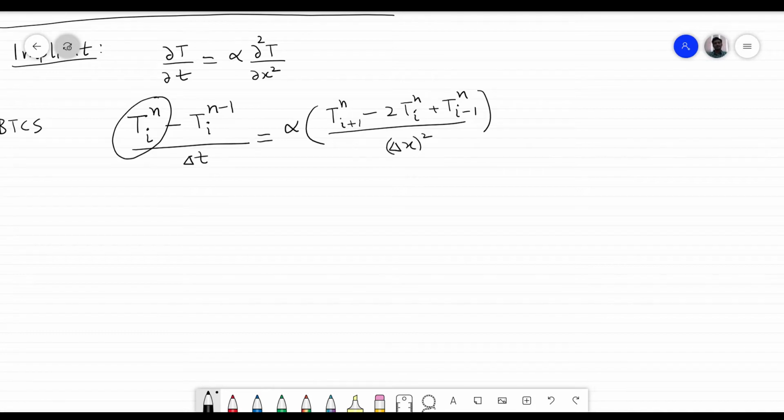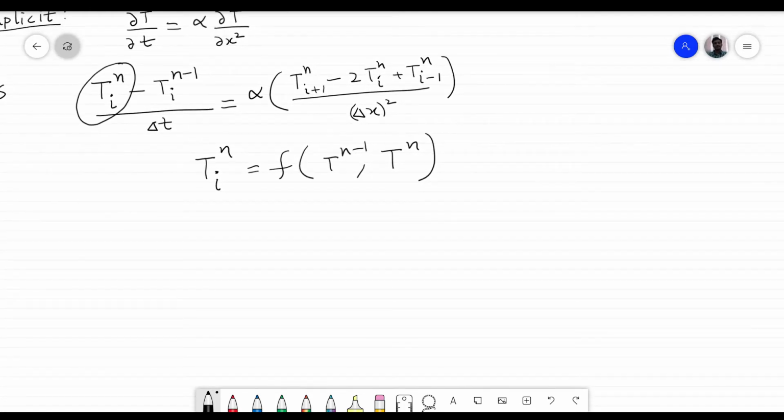So here you can see that it is an implicit equation. Tn at I is a function of temperature at n minus 1 as well as temperature at n at other grid points. So we discussed this earlier.